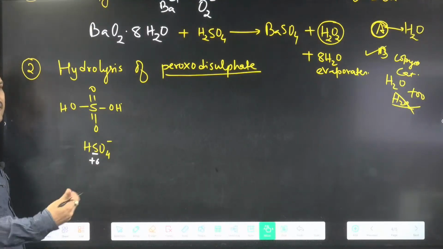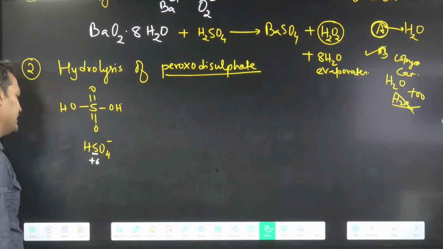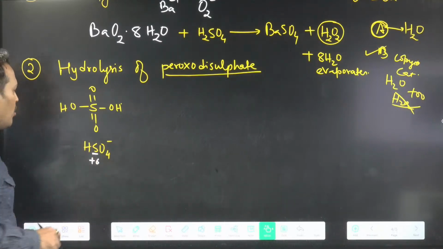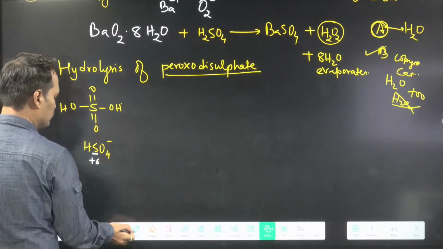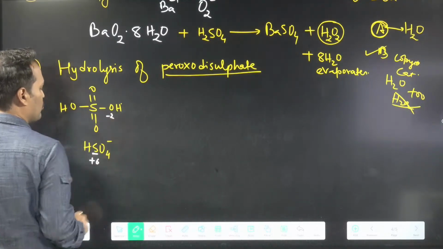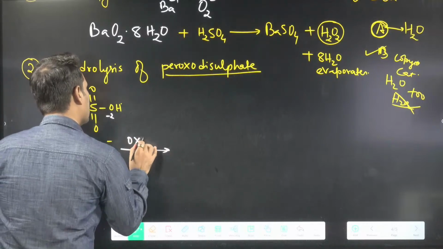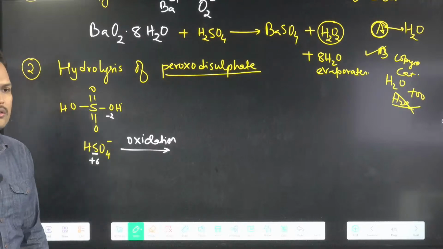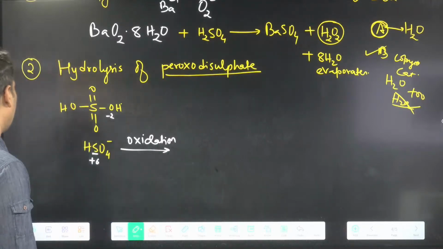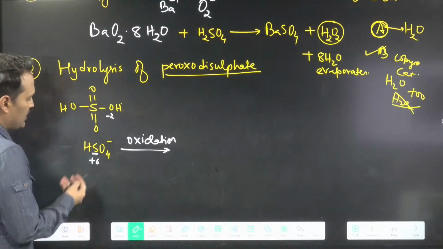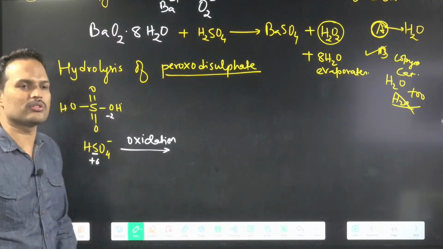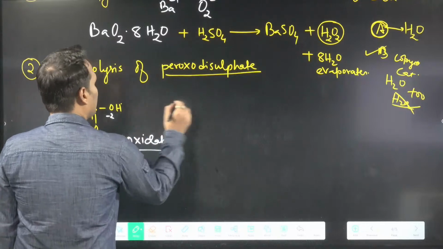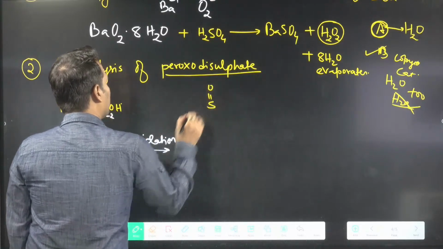They will call it acidified sulfate, no problem. Now sulfur is in +6 and oxygen is in -2. They will say do its oxidation. Now how can I do oxidation? Sulfur is present in the highest oxidation state, so a different type of compound is formed.